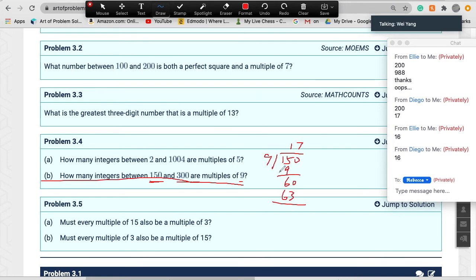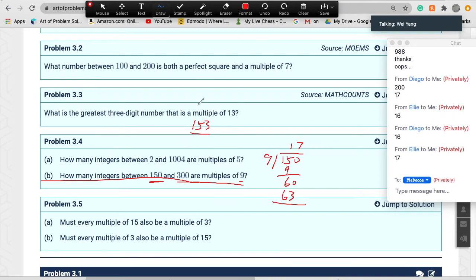So that means we need to add 3 to 150. 153 is the first number that is a multiple of 9 but greater than 150. This number equals 17 times 9.